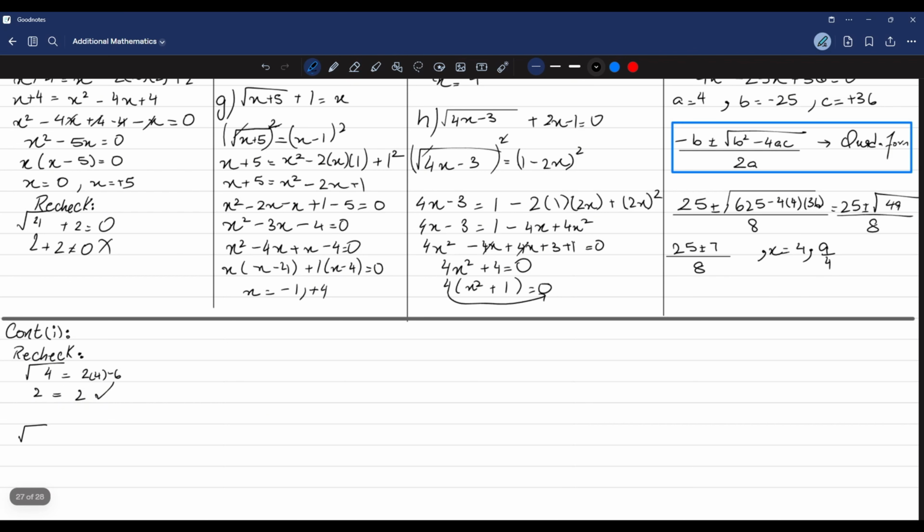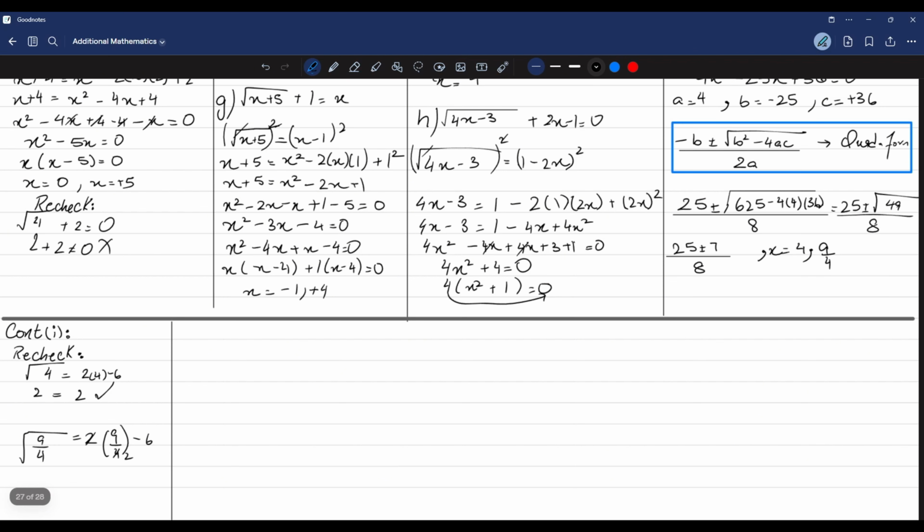Is 9 over 4 the correct value or not? Let's check that out. We have under root of 9 over 4, and that should be equal to 2 multiplied by 9 over 4 minus 6. So 2 ones are 2, 2 twos are 4, and we have 9 over 2 minus 6.